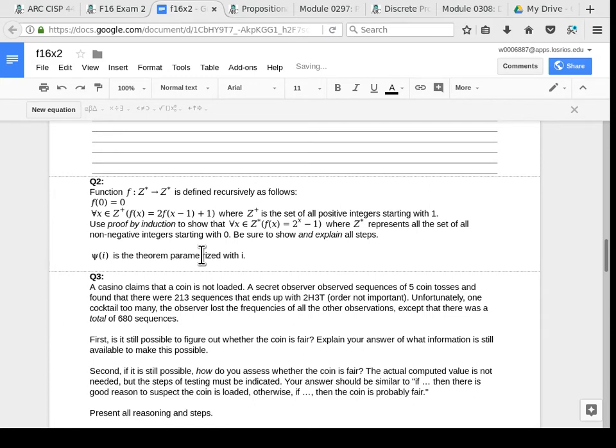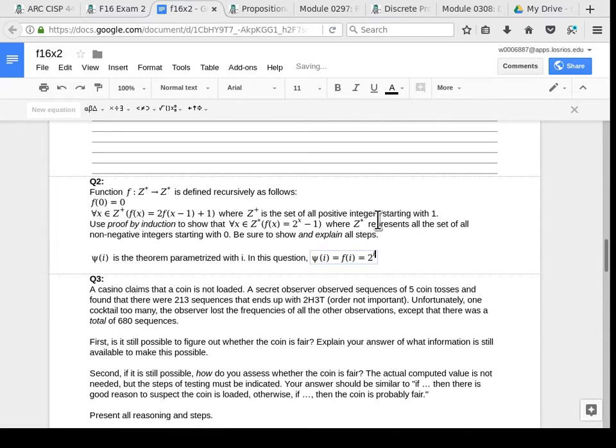So in this particular question, psi(i) is basically saying f(i) equals 2 to the power of i minus 1.